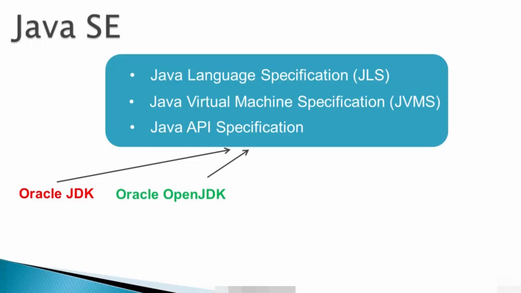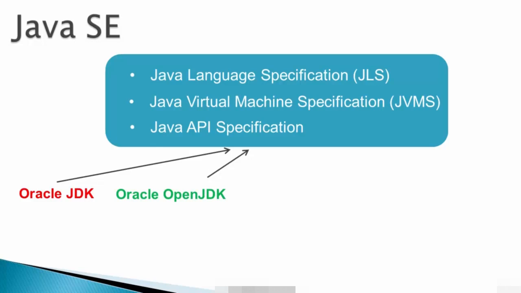The difference between Oracle JDK and OpenJDK is that OpenJDK is completely free, while with Oracle JDK, you would have to pay Oracle if you are using it for commercial purposes. And with that, you would also get their support for fixing any bugs in the implementation. Now, OpenJDK is completely free, so it is free even for commercial purposes.